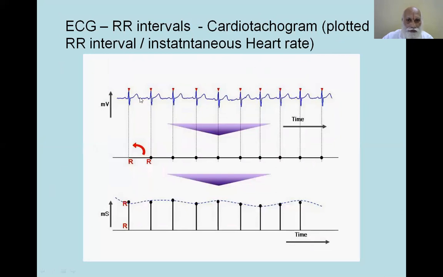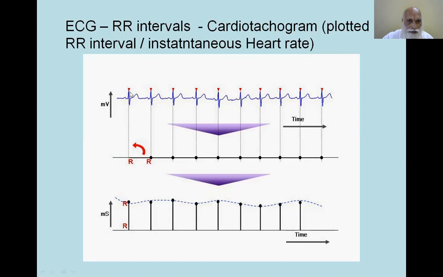So you can also see here a long strip of ECG and also the tachogram, which is plotting the RR interval in milliseconds. So this RR interval is represented in terms of milliseconds as a vertical straight line, and the tops are connected. And this RR interval refers to this particular QRS complex.